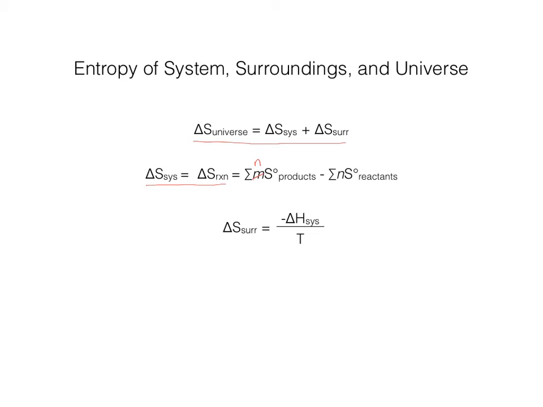We also need to define the change of entropy of the surroundings. And the change of entropy of the surroundings is defined as the negative delta H, the enthalpy of the system, divided by the temperature. And so this is a definition.